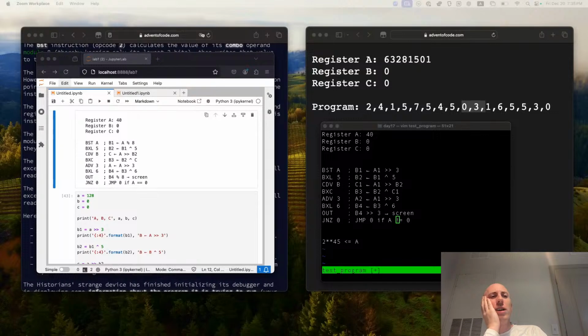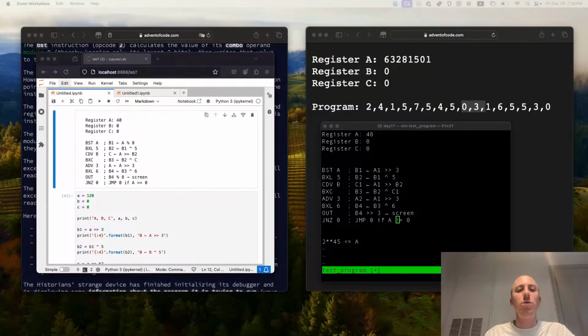I kind of wonder if we could just ignore C, if we could just take out C. That's what I want to do next time. Actually, let me just do it now.